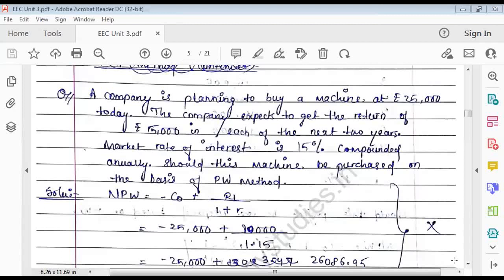Present worth method we are discussing, and we'll still continue with present worth method. Again, some of your friends had come to meet me regarding the answer sheets. They check the answer sheets, and again to reiterate, just numericals, be careful.